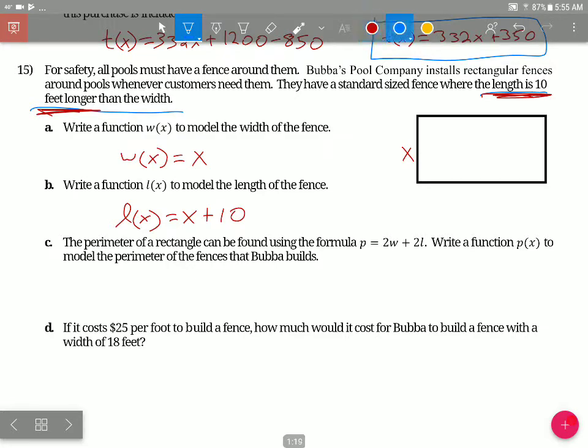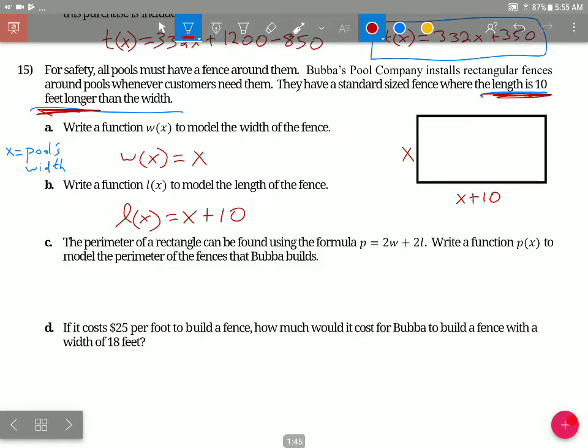So in this case, your width, x, equals the pool's width. That's what our x equals. x is the pool's width. So to get the length, you have to add 10 to it.